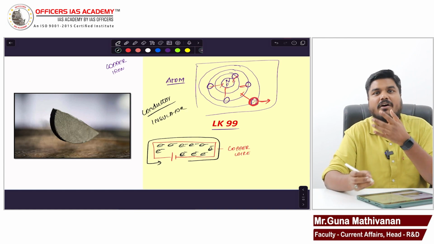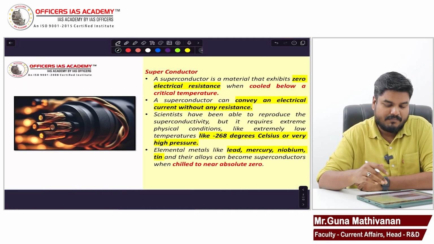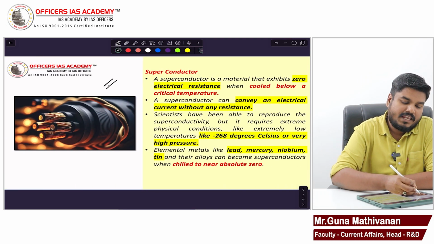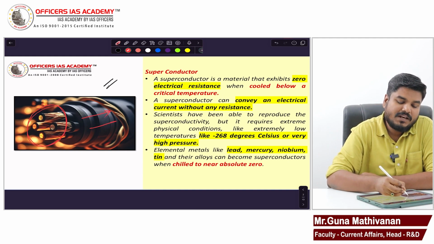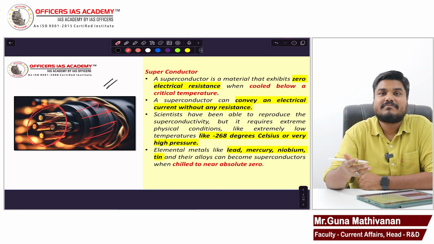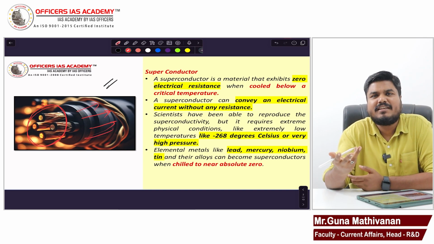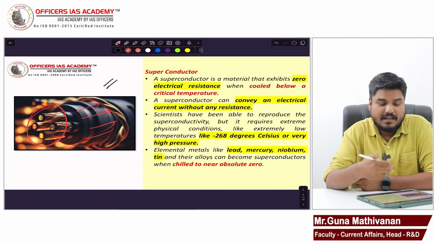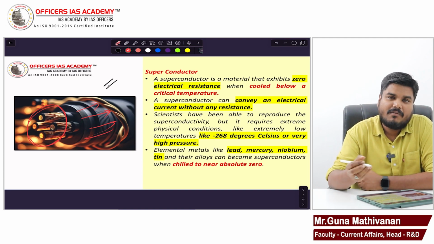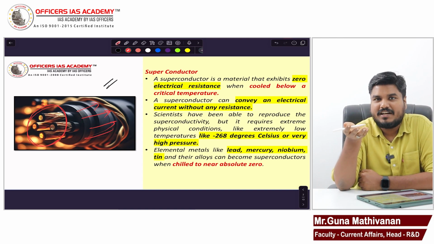So if you take a copper wire, the innermost part will have the actual copper material. Outside that you will have materials like rubber, because rubber, glass, these are bad conductors. You will not have free electrons there. But inside the copper wire, you will have free electrons.